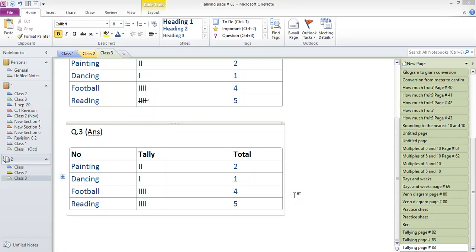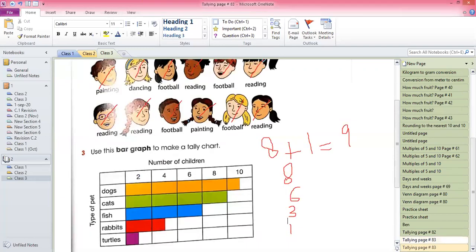All right, guys. So what you have to do here, you have to make a tally chart. Here you will write dogs. Here you will write another pet, that is cats.